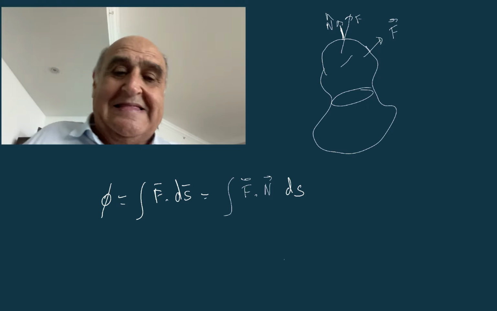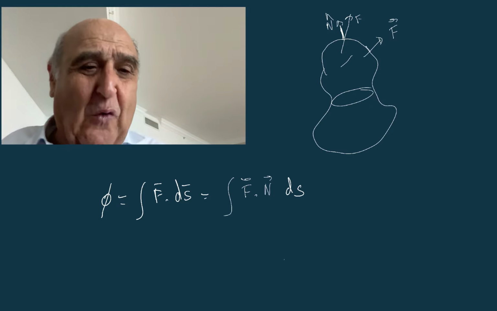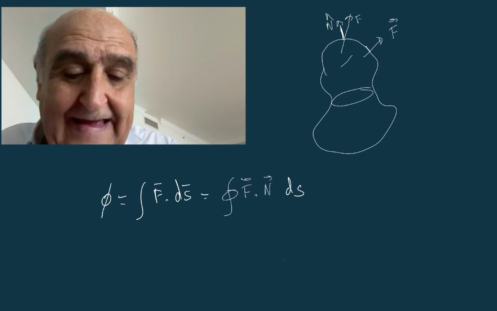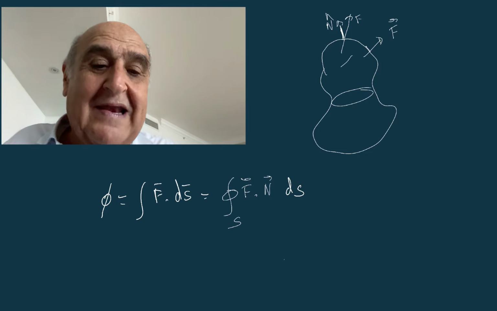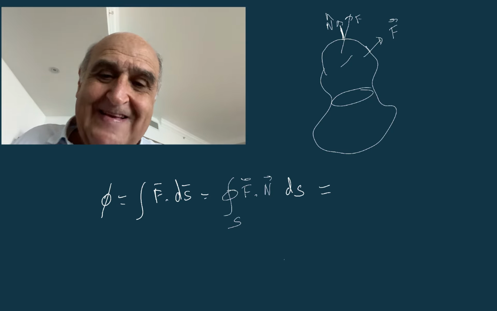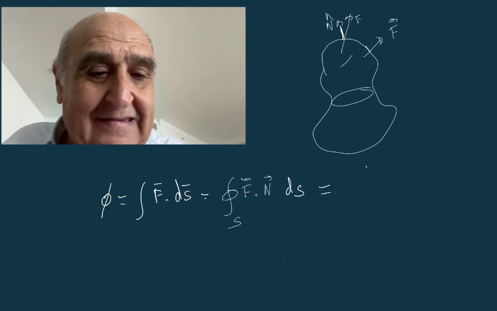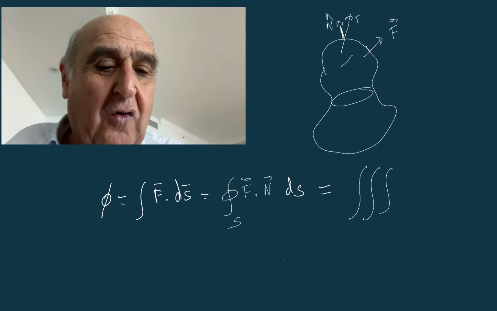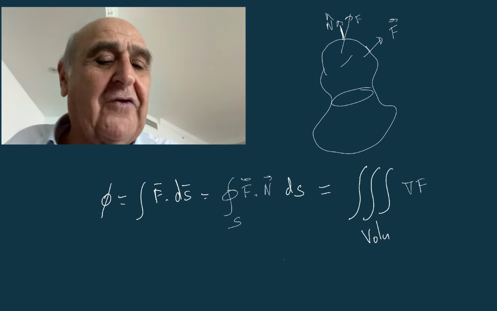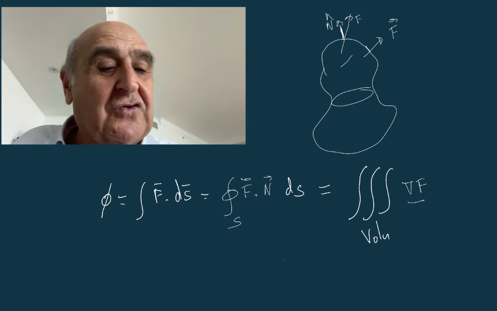Now, the flux of the vector field, the flux that is going out of the volume, in a closed surface, is related with the function that is the divergence of the vector field, and is the triple integral over the volume of the divergence of the vector field.